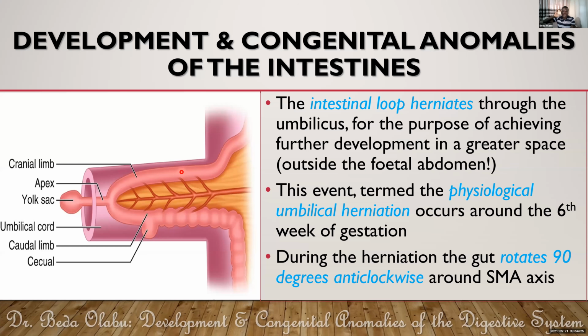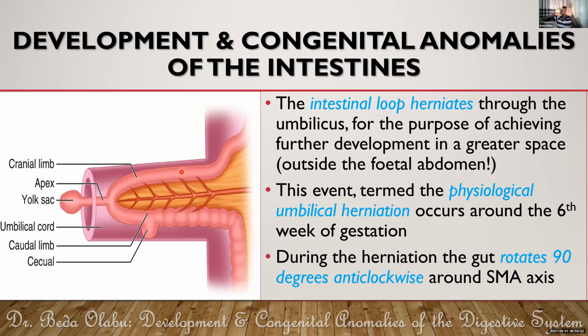As it herniates through the umbilicus, it rotates. How many degrees? 90 degrees in the anti-clockwise direction. Now I want you to see, if this is representing small gut and this is representing large gut, then the herniation process is occurring, and then we rotate.